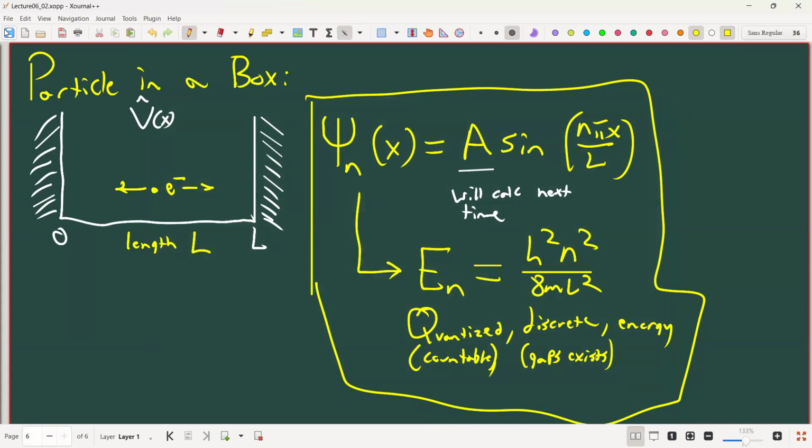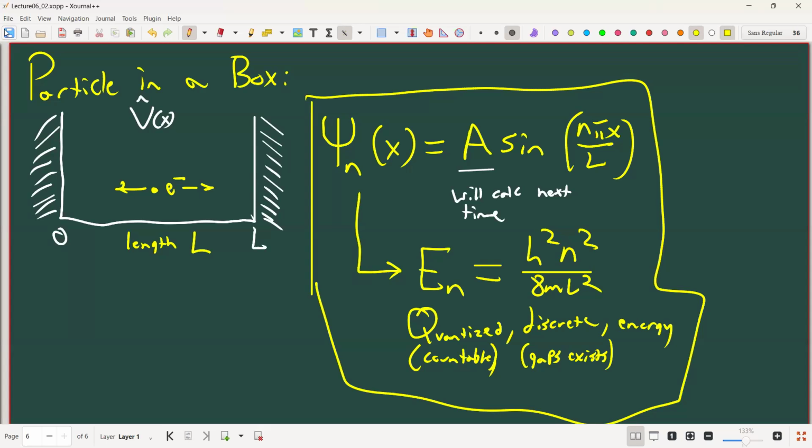1, 2, right? So they increase in order. If you specify n, I can tell you the energy. Is it the total energy of the box?